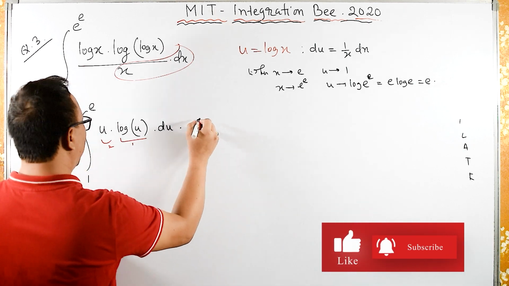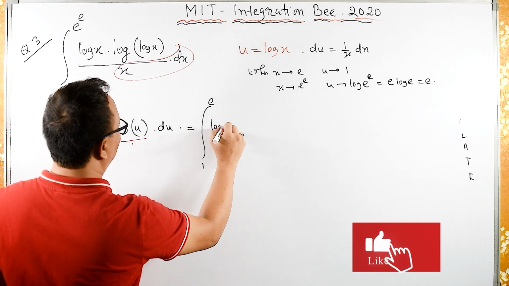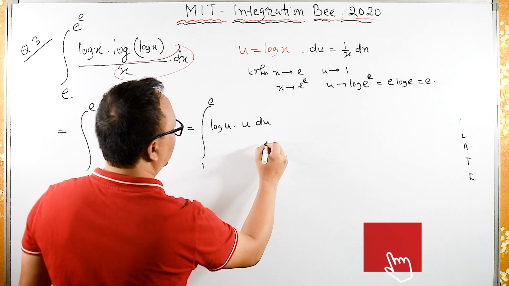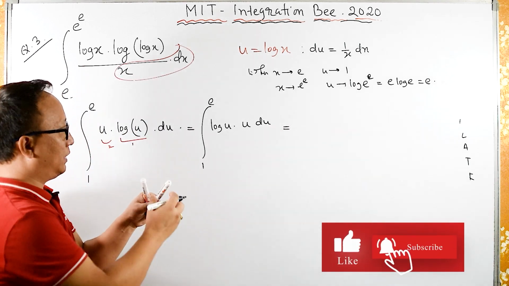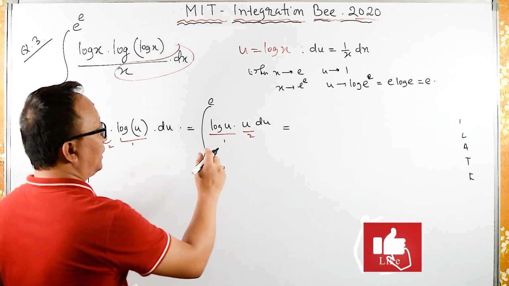Similarly I will write one step over here: integral 1 to e of log of u into u du is equal to, this is the first function and this is the second function.